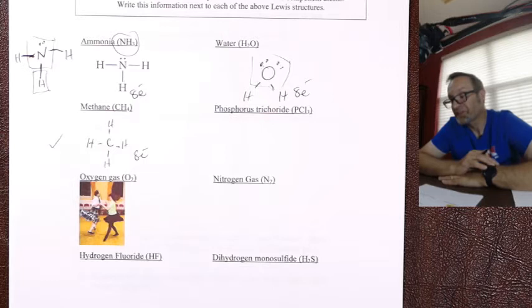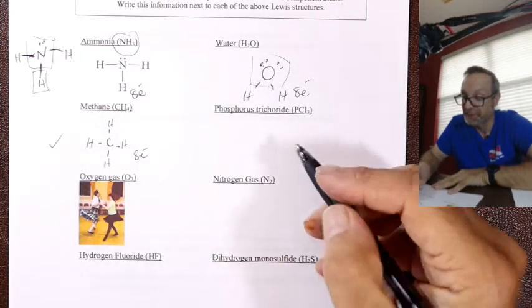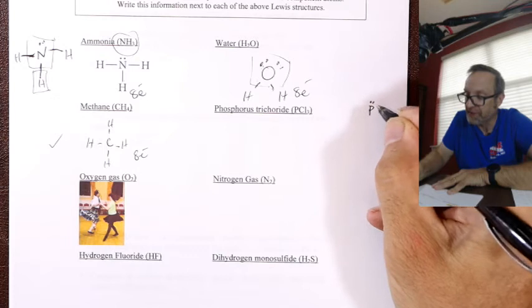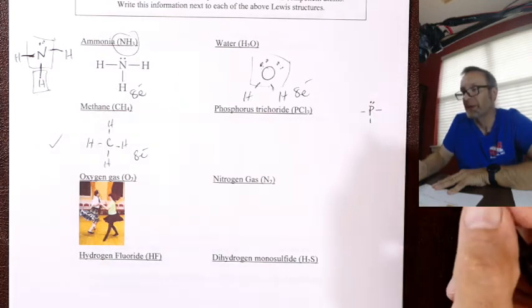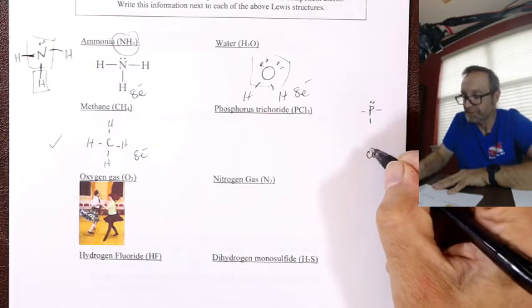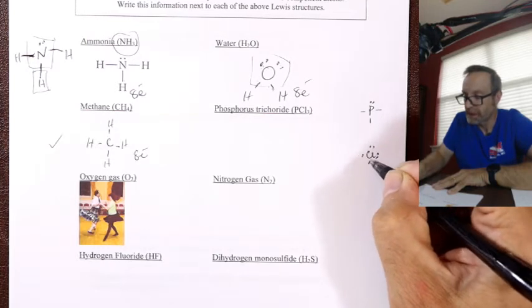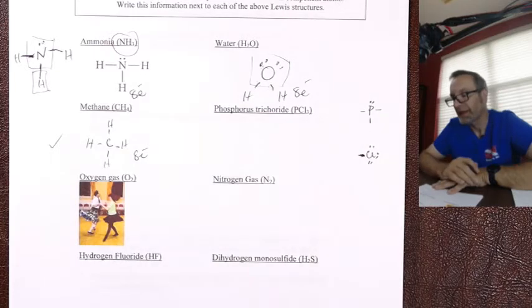Now next one, phosphorus trichloride. Be careful, Cl's involved, right? Lots of bling little action. So, now when we think about the Lewis, right, so phosphorus is column 5, same as nitrogen, it's going to look like that, right? And chlorine, column 7, make that a bond. It's going to look like that, right?